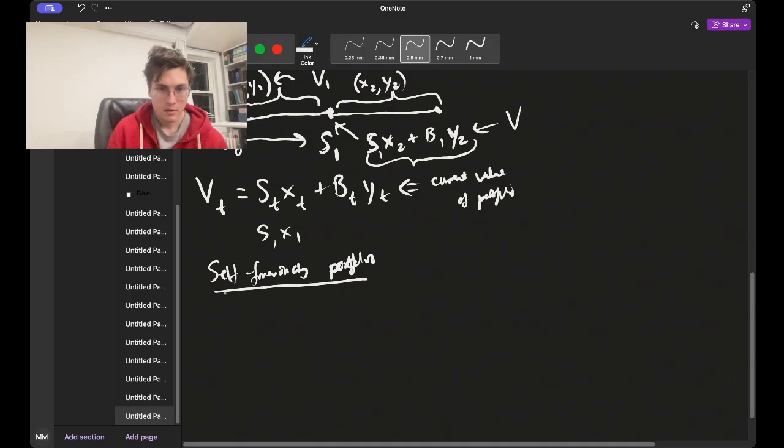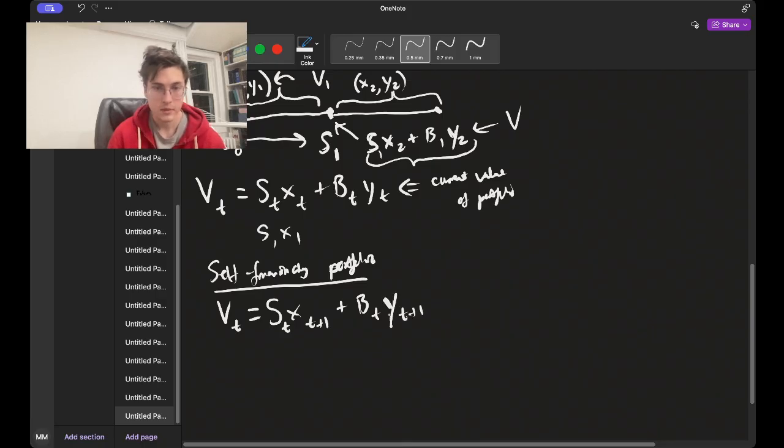So here's the definition of a self-financing portfolio: VT is equal to ST XT plus 1 plus BT YT plus 1. This would be nice, because that means that our new portfolio was created entirely from the ashes of the old one. So there's no new cash added, right?